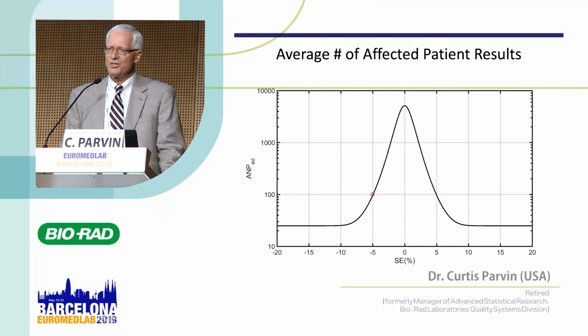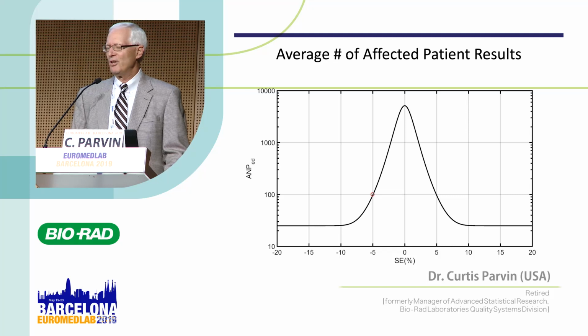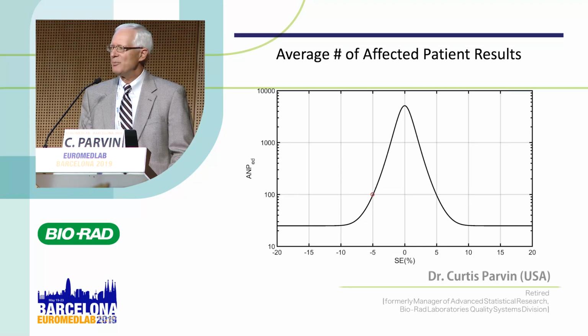The horizontal axis is the magnitude of the out-of-control condition, given here as a systematic shift in the process in percent, ranging from minus 20% shift downward to a positive 20% shift upward. The vertical axis is the average number of patient samples to error detection. The little red circle is the one example that we just went through, the 5% shift downward.